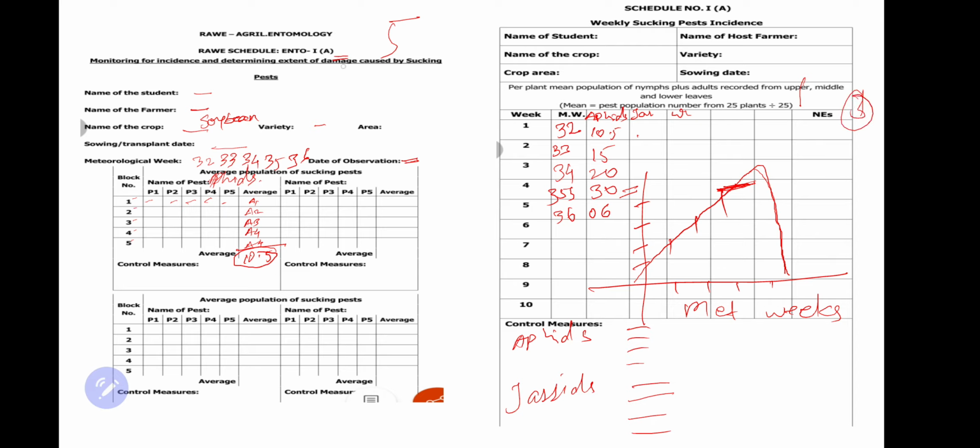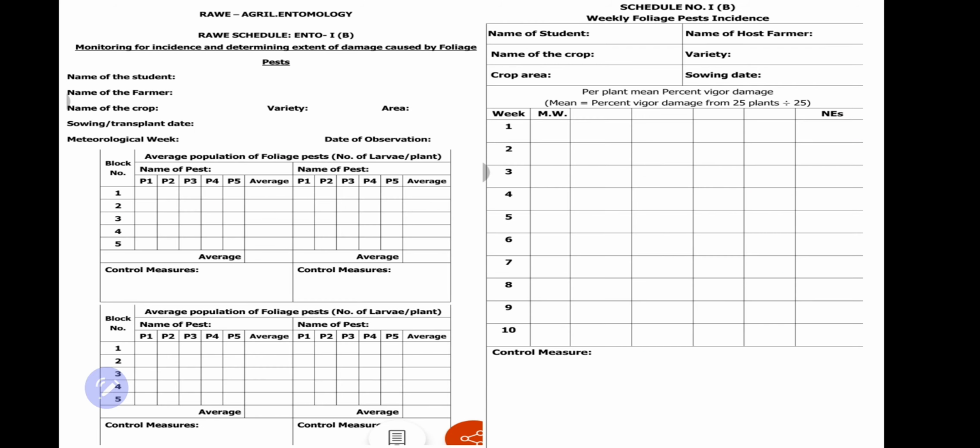So for first A, there will be 5 pages of weekly observations, 1 page of average and 1 page of their graph. Similarly for first B, do all the things together, similar to the first.